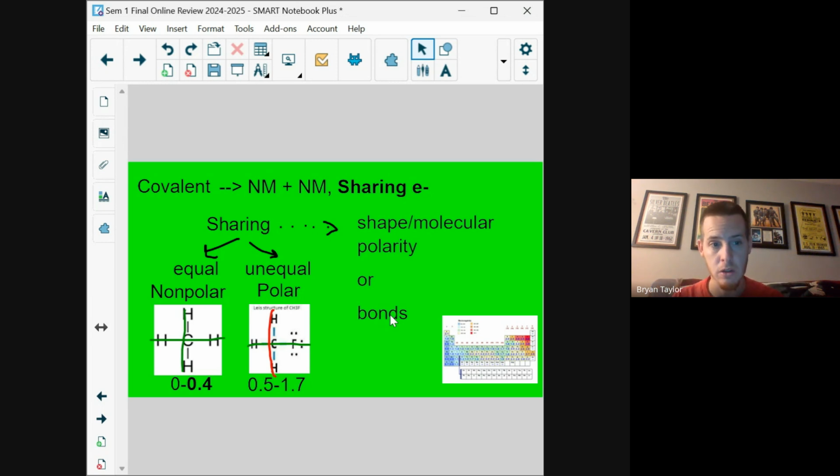For the final, it's going to be very clear to you what the question is asking. Is it going to be shape or bonds? It's not going to ask you both at the same time. So it won't ask you overall. It's going to say shape, answer, bond, answer, just like the test was. That's a really good question.